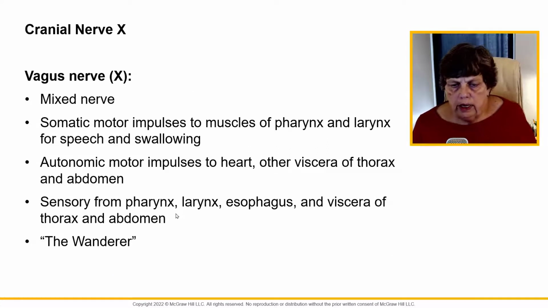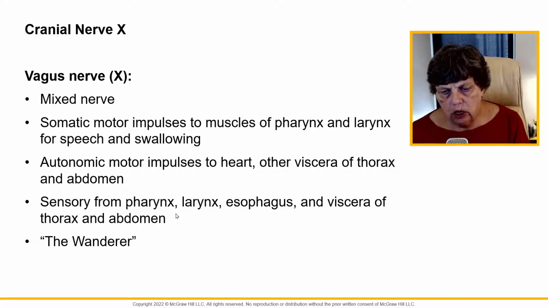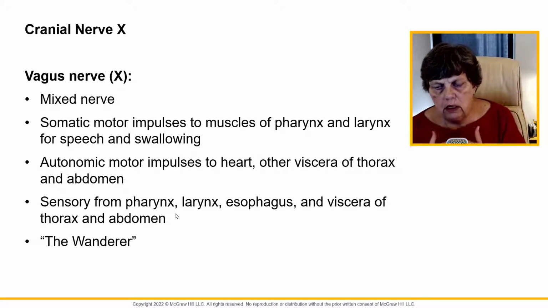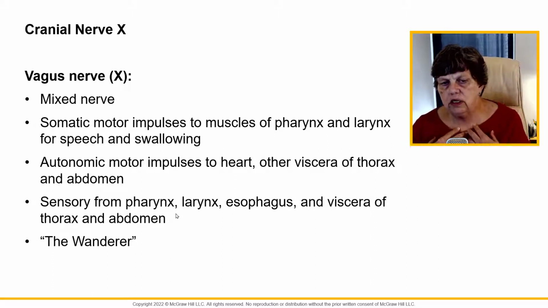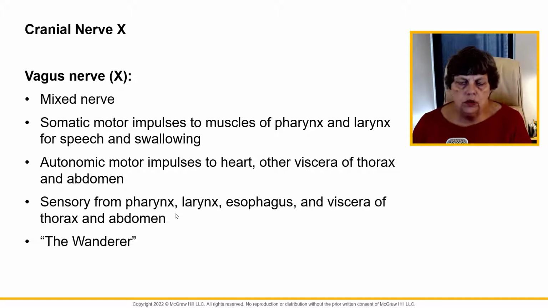You're going to hear about that all through when we start talking in AP2 about the digestive system. This is also part of the cardiac area. So this is somatic impulses to the muscles of the pharynx and larynx that allow us to swallow and talk. And then we have the autonomic pieces that go to the heart and the other viscera, so that it allows them to work.